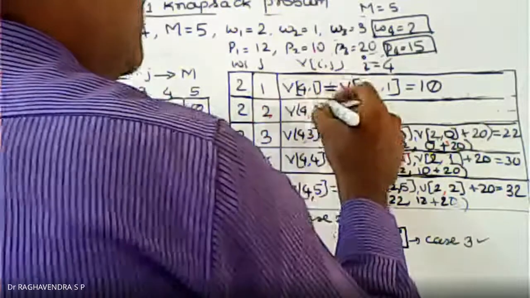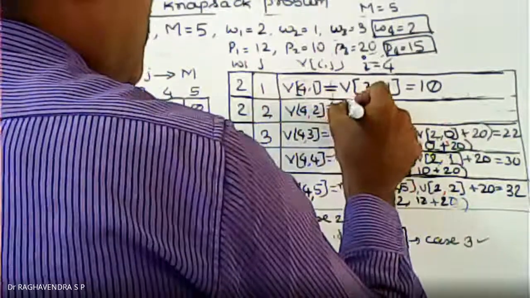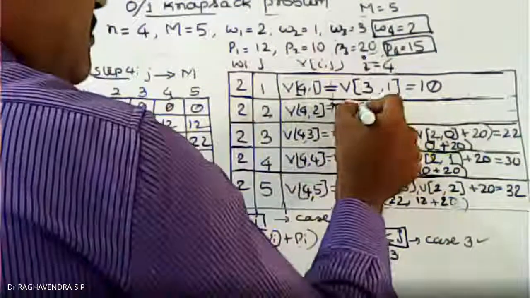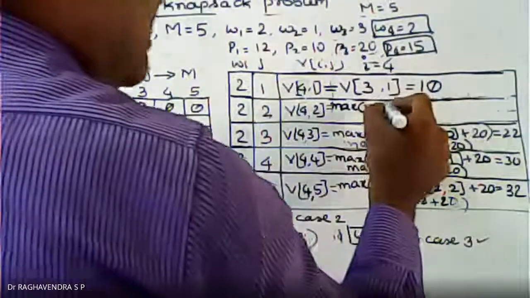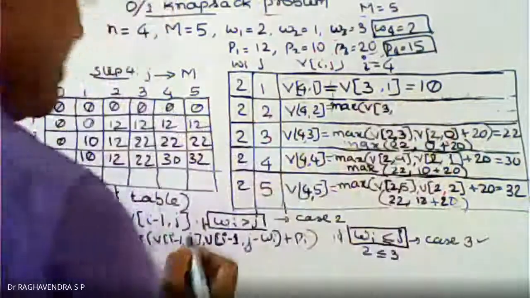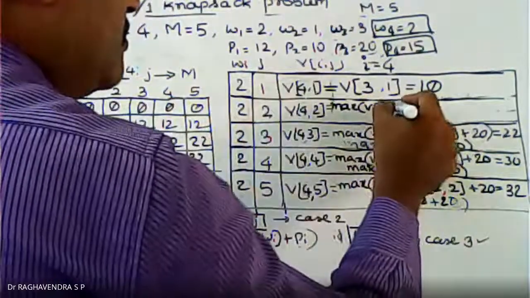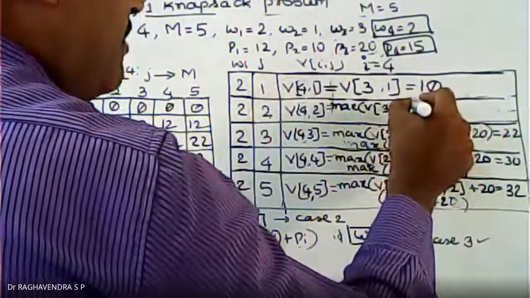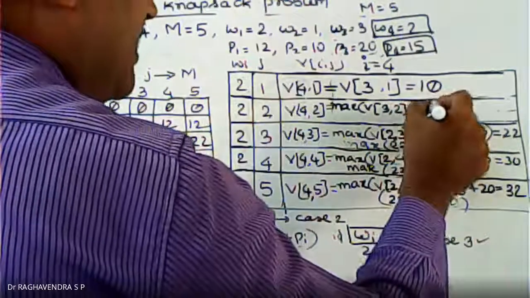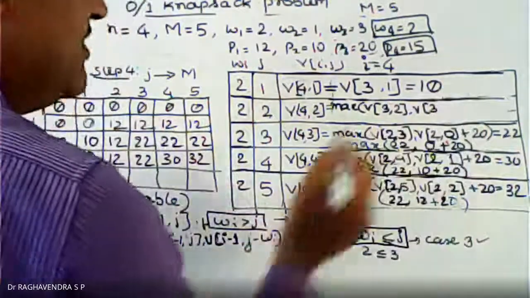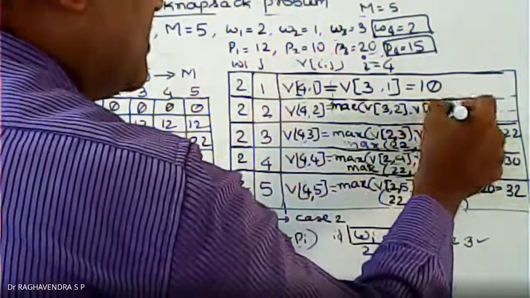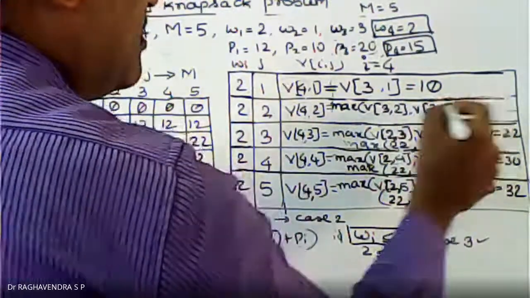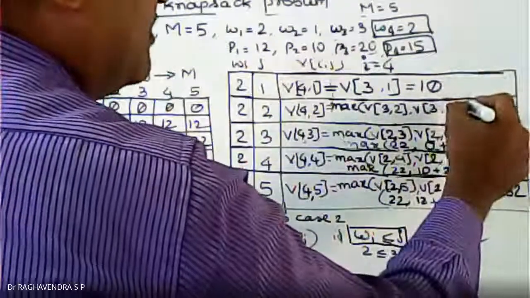So it is max of V of I minus 1, that is 3, comma J, J value is 2, comma V of 3 because I minus 1, J minus Wi, 2 minus 2, which is 0, plus profit. What is the profit?